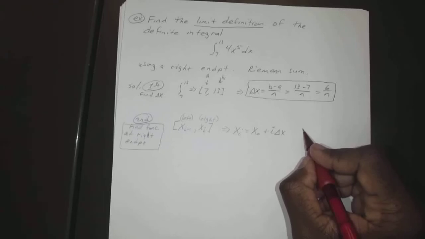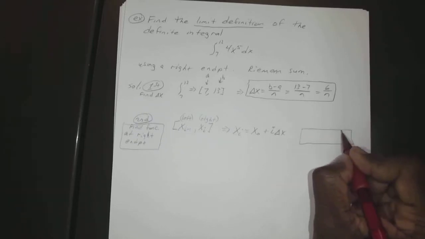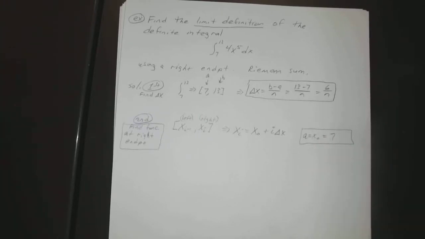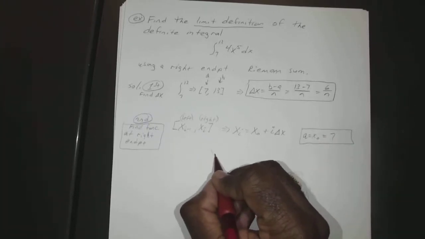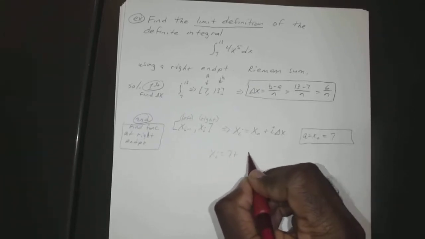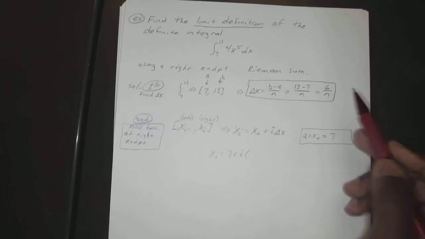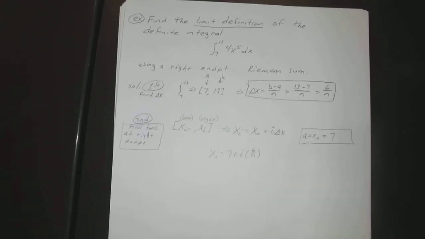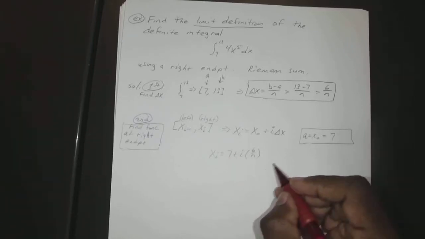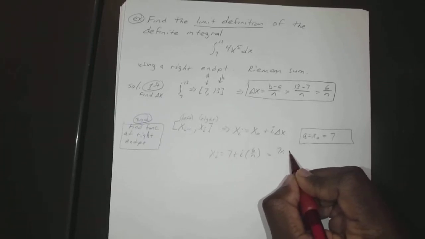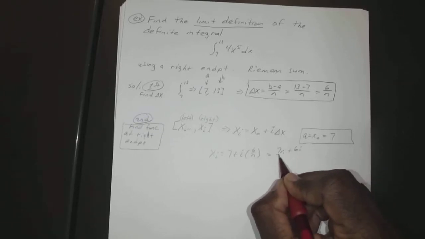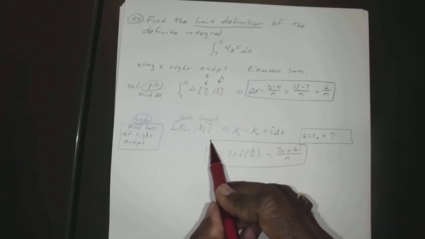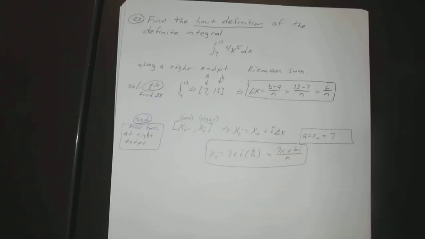A side note, our a equals x0, which in this case is 7. So x sub i equals 7 plus i times delta x, which is 6 over n. If we make this 7n over n, that equals 7n plus 6i over n, just to make it one neat little fraction.